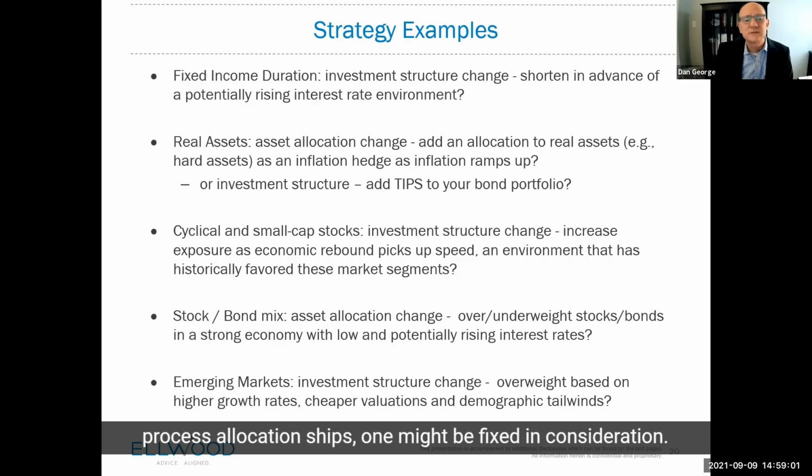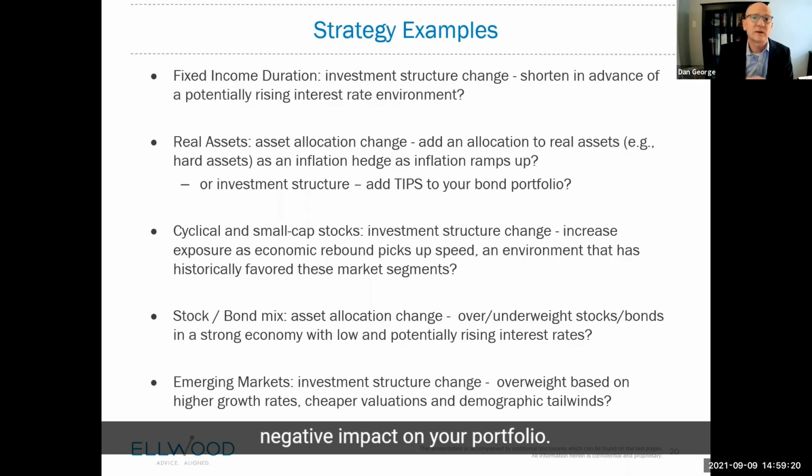One might be fixed income duration. This would be an investment structure change within your fixed income portfolio as opposed to between asset classes, where you shorten the duration of your fixed income portfolio in advance of a potentially rising interest rate environment. To the extent rates go higher, your duration measures the negative impact on your portfolio.